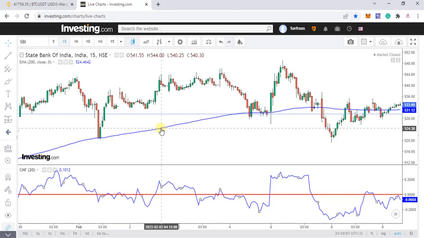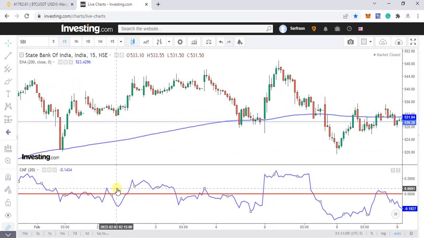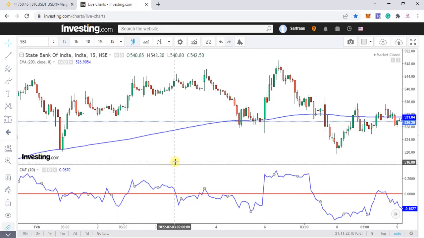But never take more than three, like four, five indicators, because those are going to give you contradictory signals. So never trade on just one kind of indicator. You need to have at least two or three confirmations, so that you get the best entries.